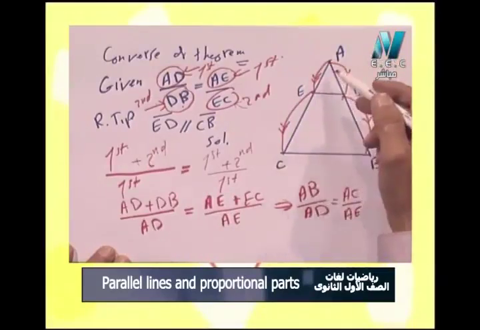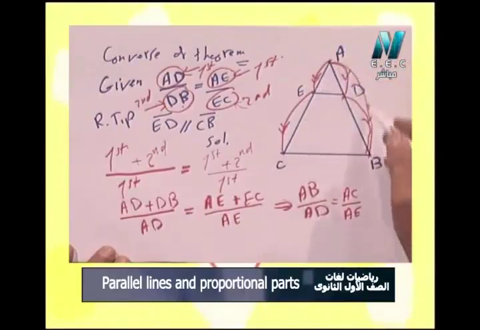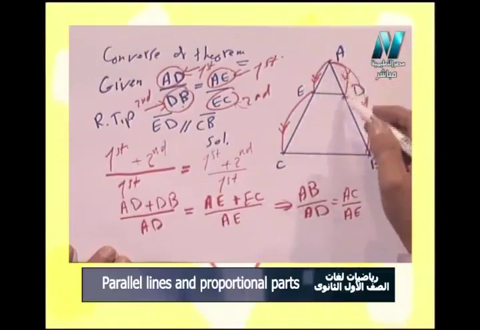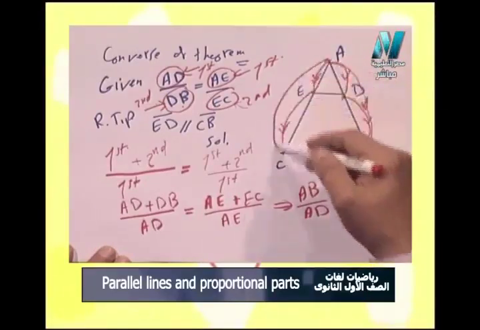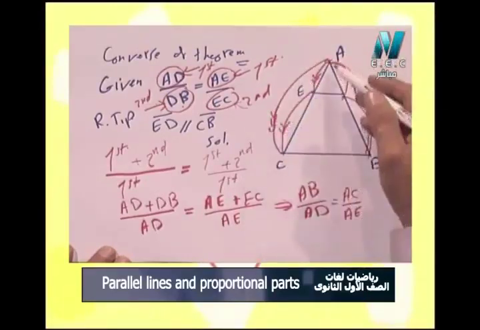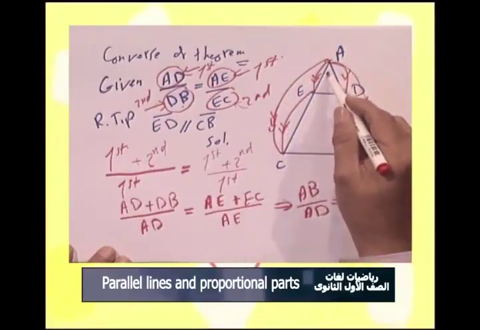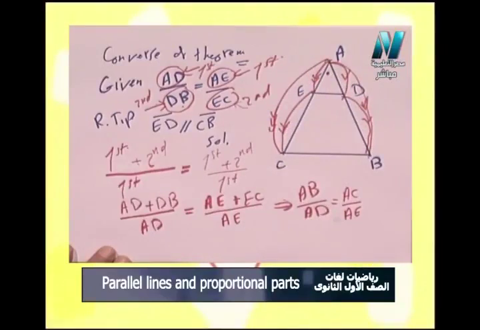So AB over AD, and AC over AE, and we have here a common vertex, or a common angle.